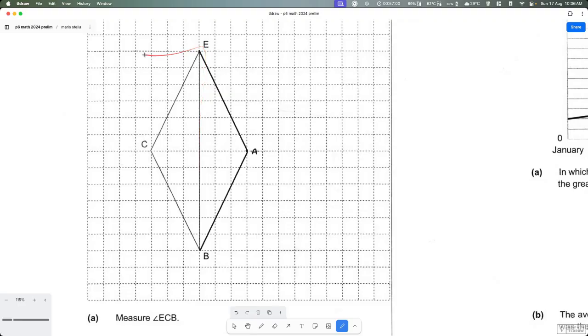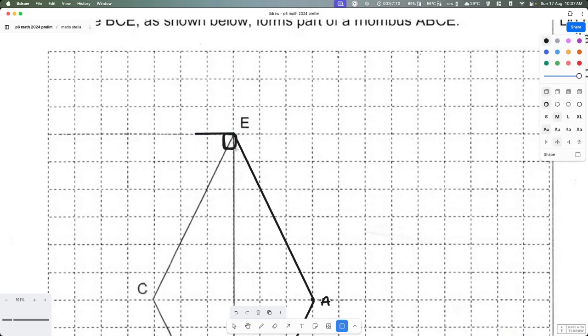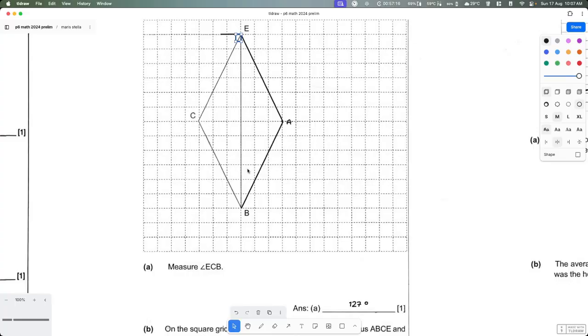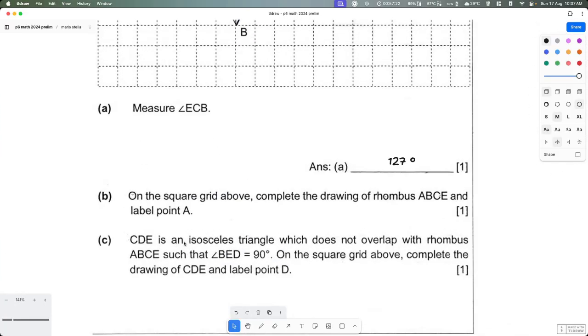BED is 90 degrees. So in this case, we can draw this line over here that makes it a 90-degree angle, like this. So we want BED as a right angle triangle, and at the same time, it's an isosceles triangle as well.